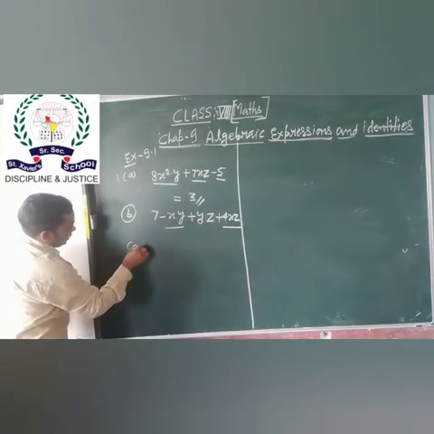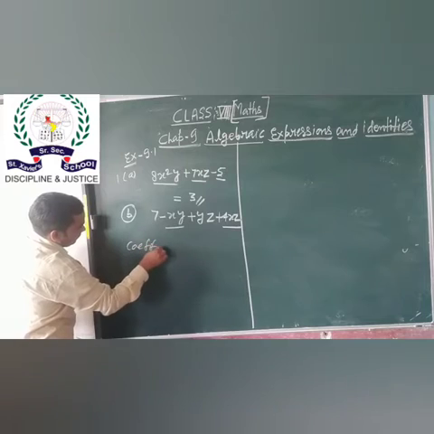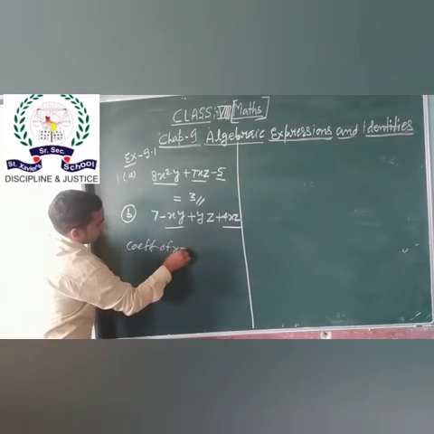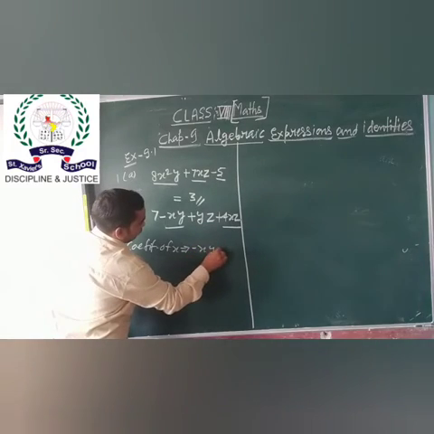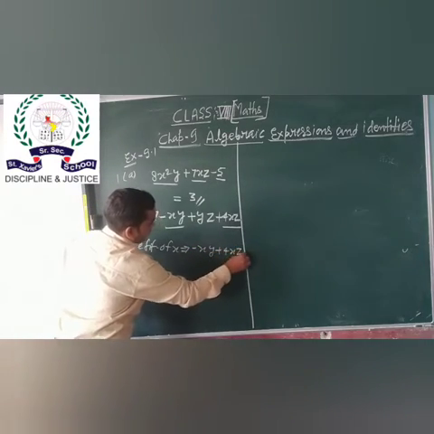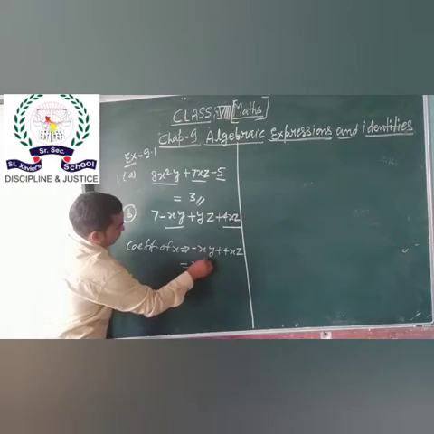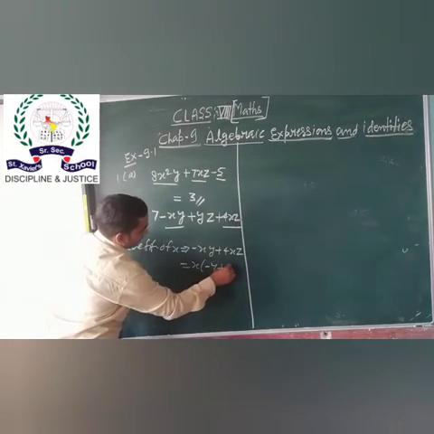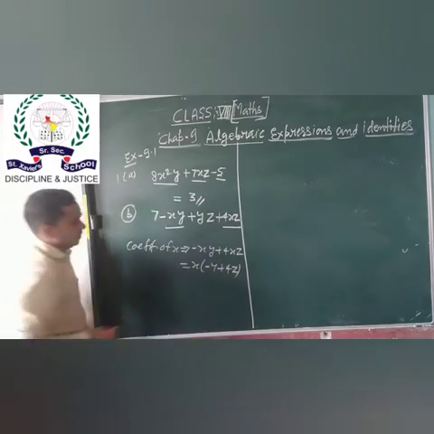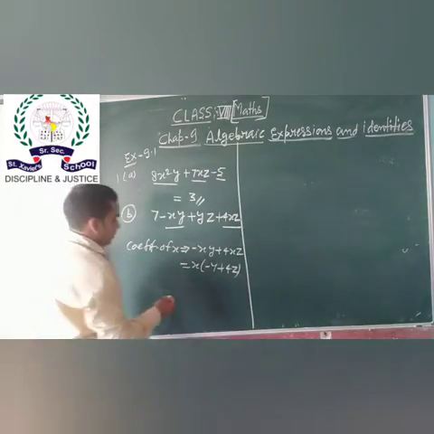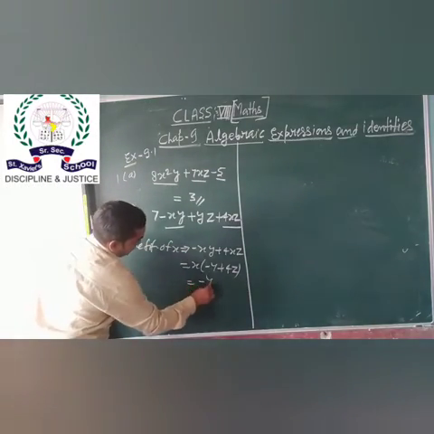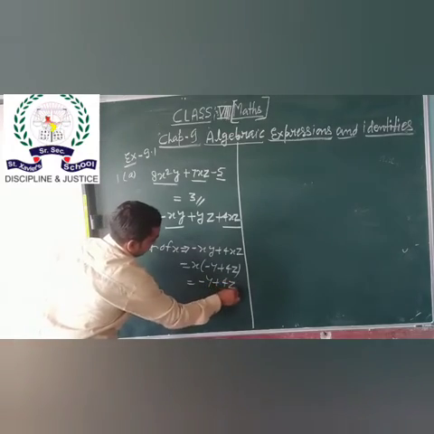So coefficient of x: minus xy plus 4xz, taking x as common, we have minus y plus 4z. So that is the coefficient of x, minus y plus 4z.